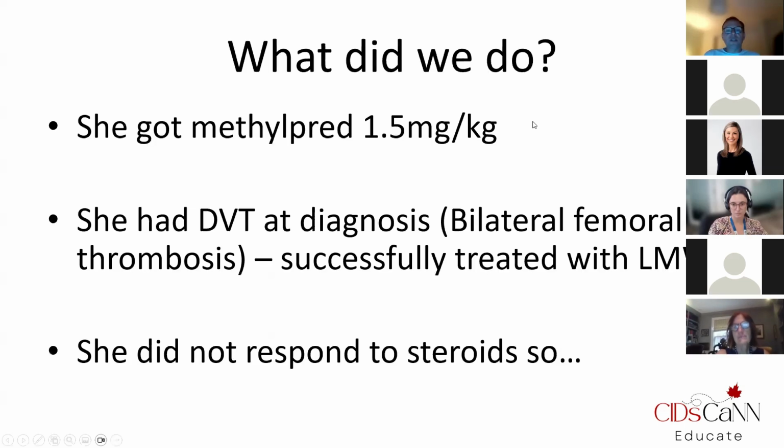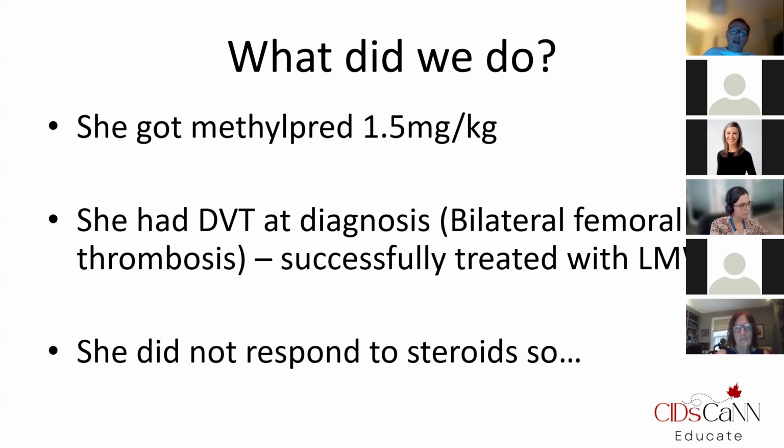So in our patient, what happened to her? Well, she did get methylpred because I wasn't brave enough to give her infliximab straight off. She actually had bilateral thrombosis at presentation. So we treated her with low molecular weight heparin, but she wasn't in hospital long enough for prophylaxis before she developed those.